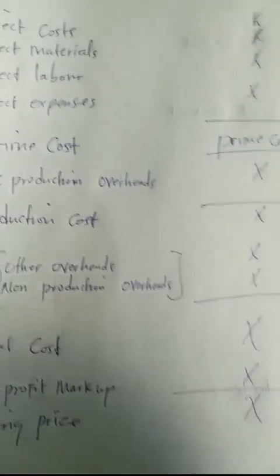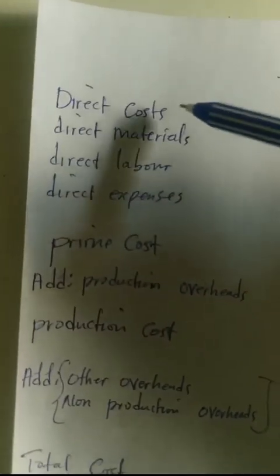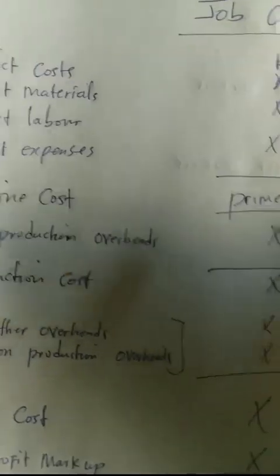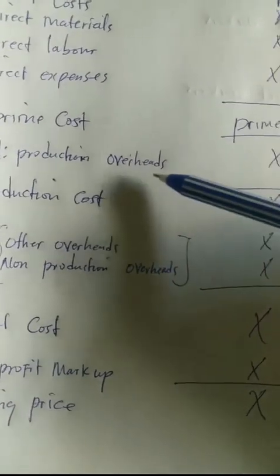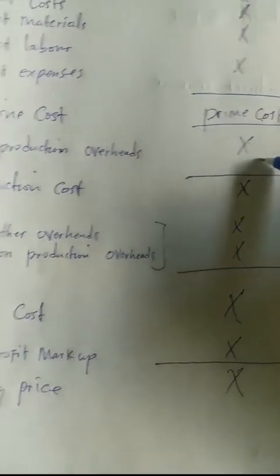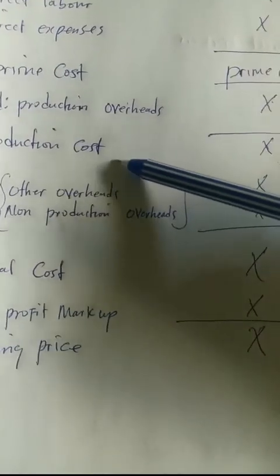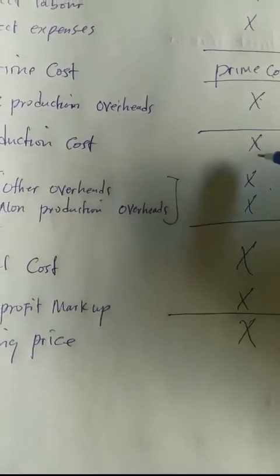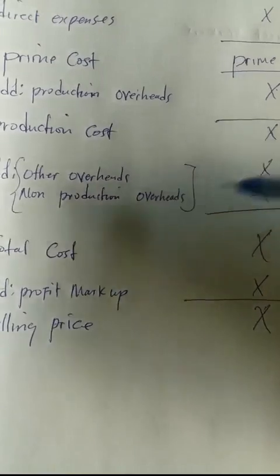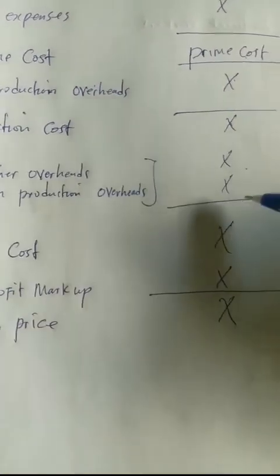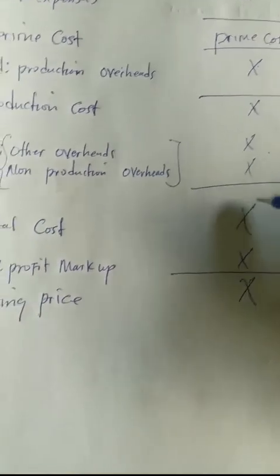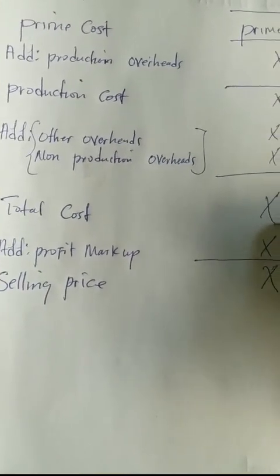Okay, so we have the direct cost, which makes up the prime cost, and then when you add the production overheads, you're going to have the production total cost. Then when you add any other overheads apart from production overheads, you're going to have the total cost.